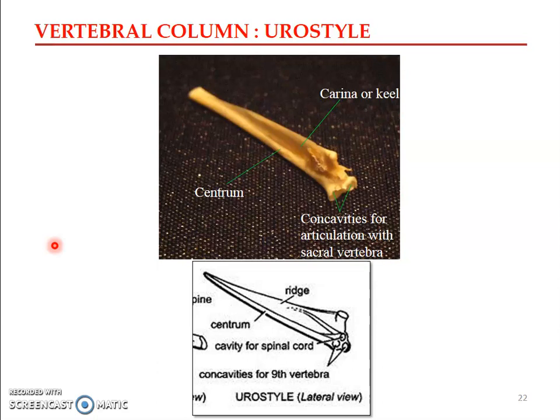Among the nine vertebrae, the first, that is the atlas vertebra, the eighth, and the ninth are unique. They have peculiar features which are different from each other, while the second to seventh are almost exactly similar, and hence we regard them as typical vertebrae. We discussed the structure of the typical vertebra, the atlas vertebra, then the eighth and ninth, and here we have the urostyle. So this is all about the vertebral column of the frog.